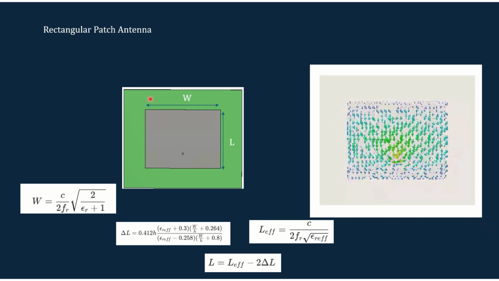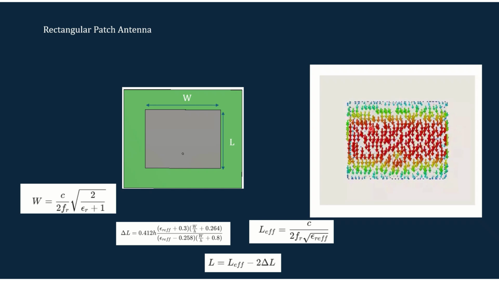In the case of our rectangular patch antenna, when we design the patch antenna, we know that the length and width will be different, and these are the design equations for designing a rectangular patch antenna. When we observe the current distribution, we can see that the currents are changing as in the case of a linearly polarized wave.